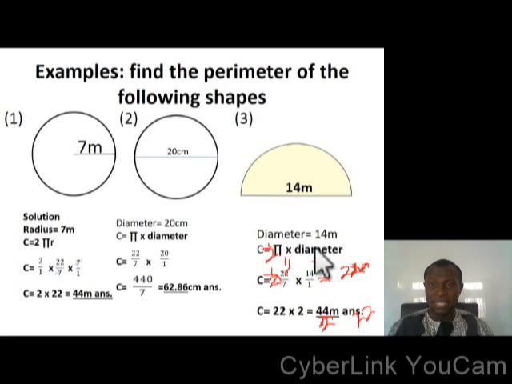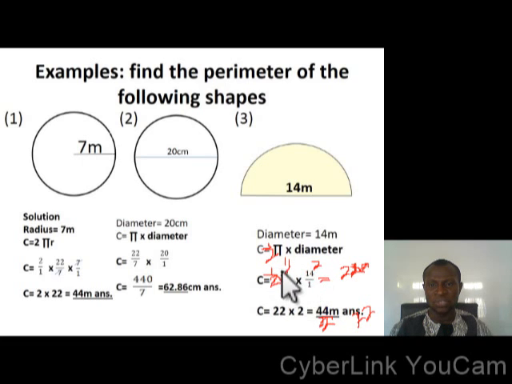Alright, let me explain again. As you have it, 14 the diameter, and the formula will be equal to half pi times diameter. So this is circumference, half, which is 1 over 2, times 22 over 7, which is our pi, times our diameter, which is 14 over 1. So 7 divide 14 will give us 2.